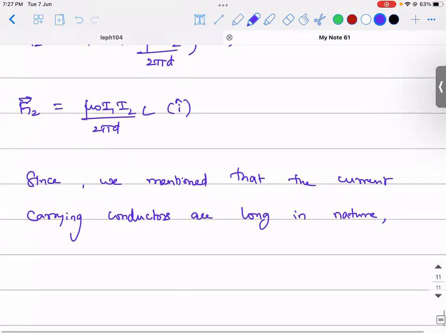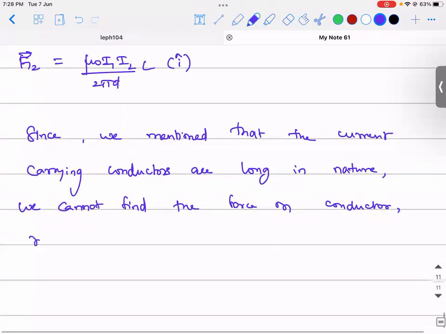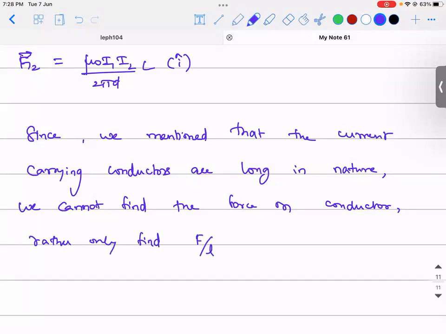So since they are long current carrying conductors in nature, we cannot find the force on conductor, rather only find the force per unit length on the conductor.